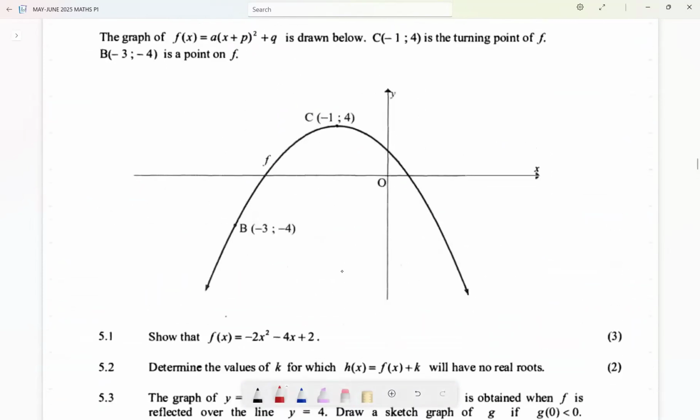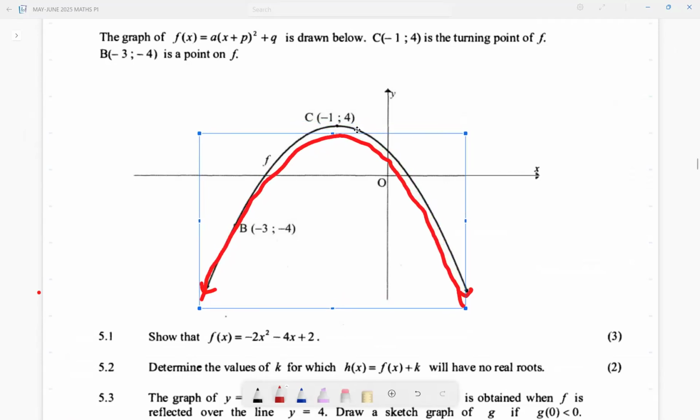Another way I can do this, guys, is to consider this graph. How can my graph have unreal roots? Remember, roots mean my x-intercepts. How can I make this graph have no roots?